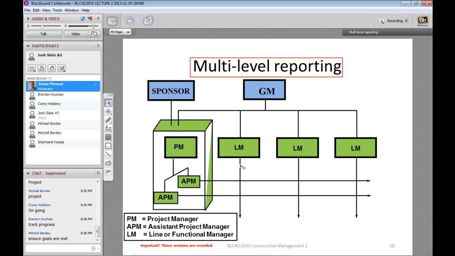So start thinking about a project that you have been working on where you've had some issues working with multiple bosses. In this case, on this diagram, we've got the project sponsor on the one side, the general manager on the other side, another level of control sitting over there, and there's our project manager, who is going to have various assistants depending on what kind of project it is.